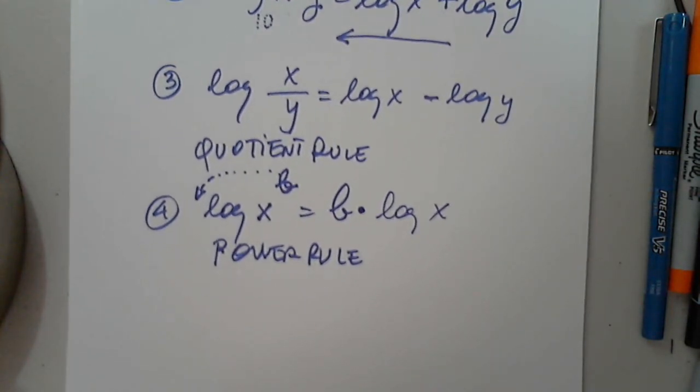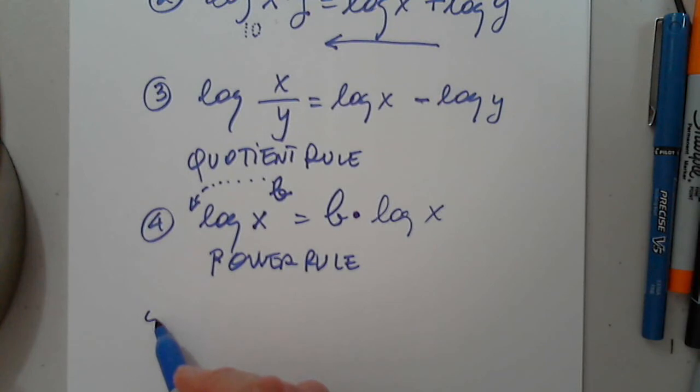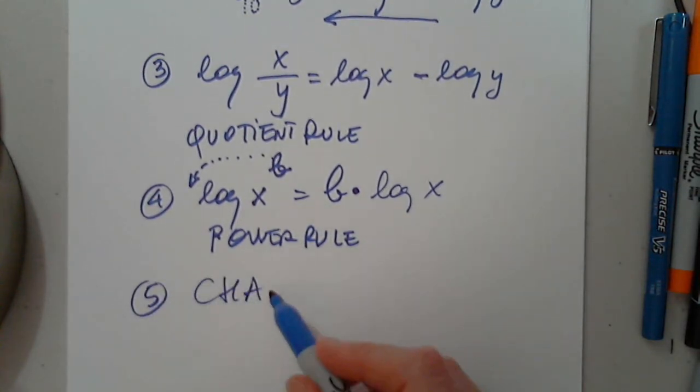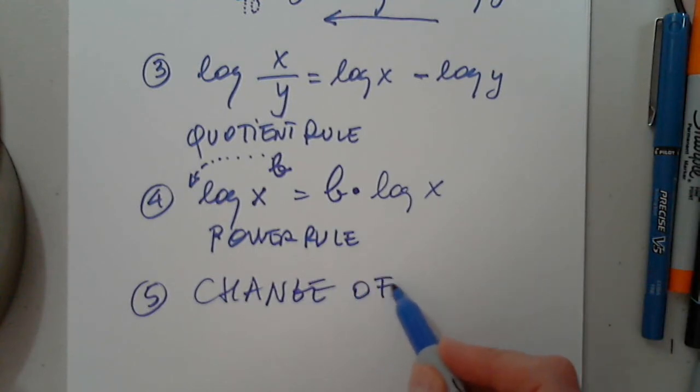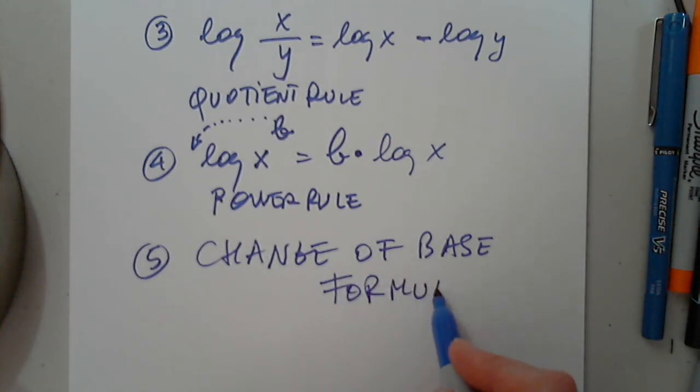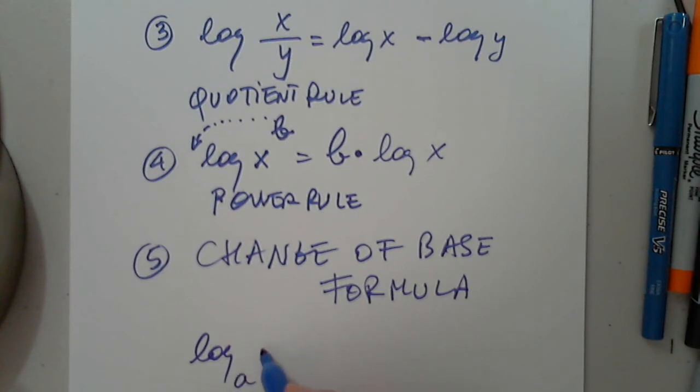Log x. There is also something, and I'm going to add here, change of base. And this is the last one. Change of base formula. So if I have log base a of x and I want to change it into natural log, I will have natural log of x at the top over natural log of the previous base in the denominator.